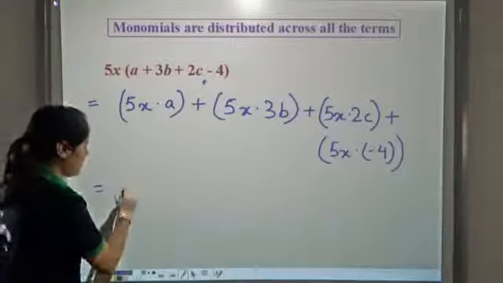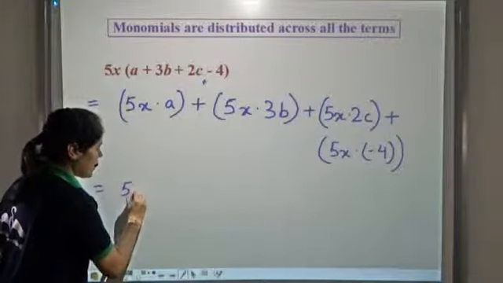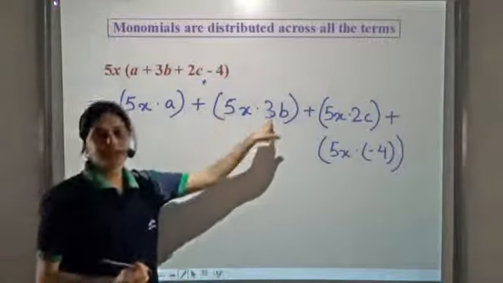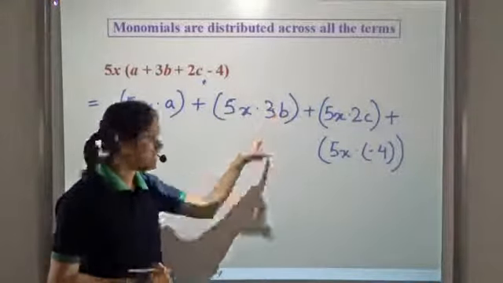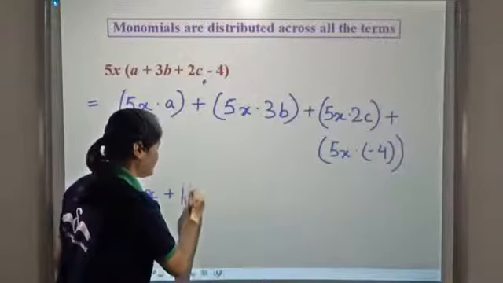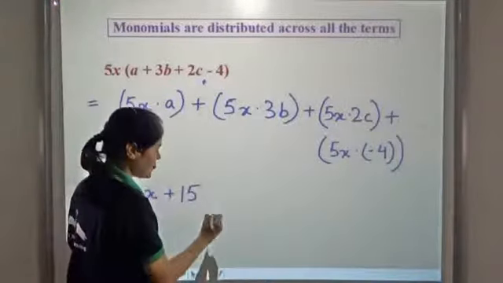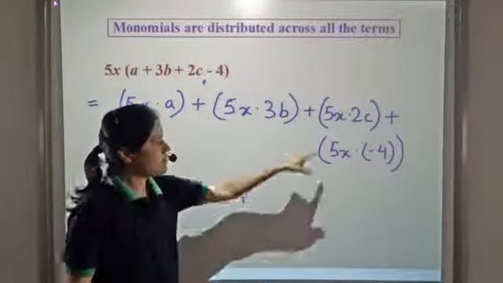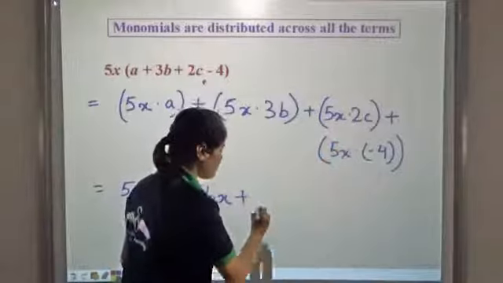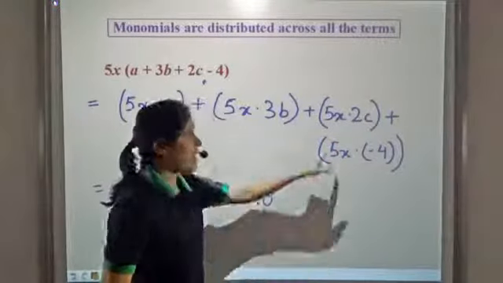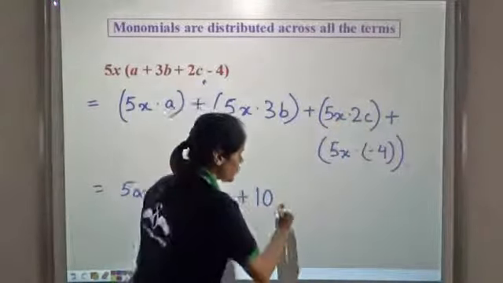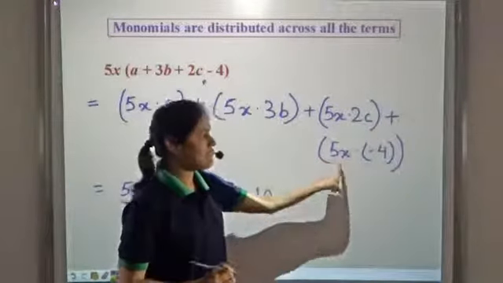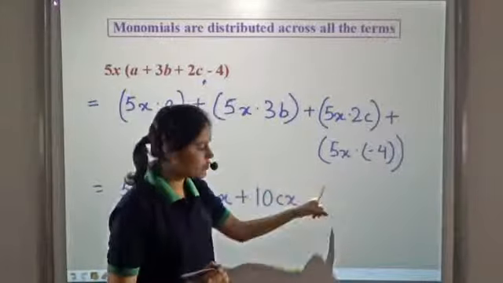5x into a is 5ax, plus 5x into 3b. 5 into 3 is 15, x into b is xb or bx, plus 5x into 2c. 5 into 2 is 10, x into c is xc or cx, plus 5 into negative 4 is negative 20.